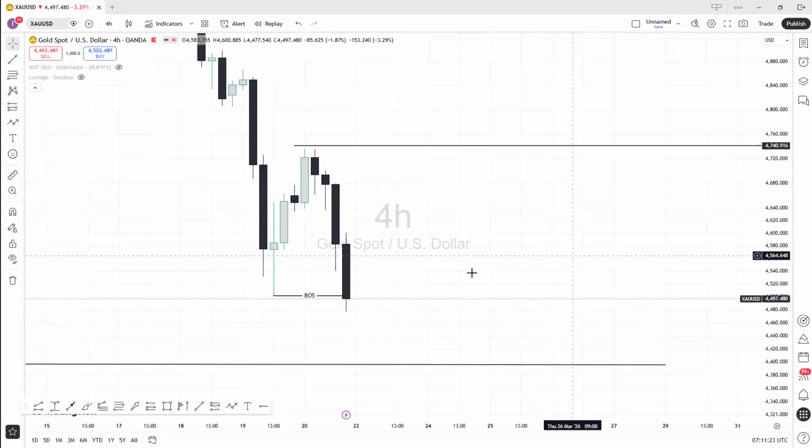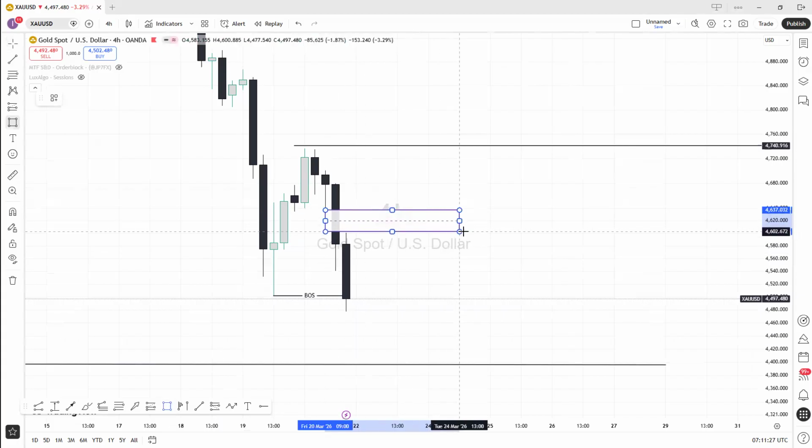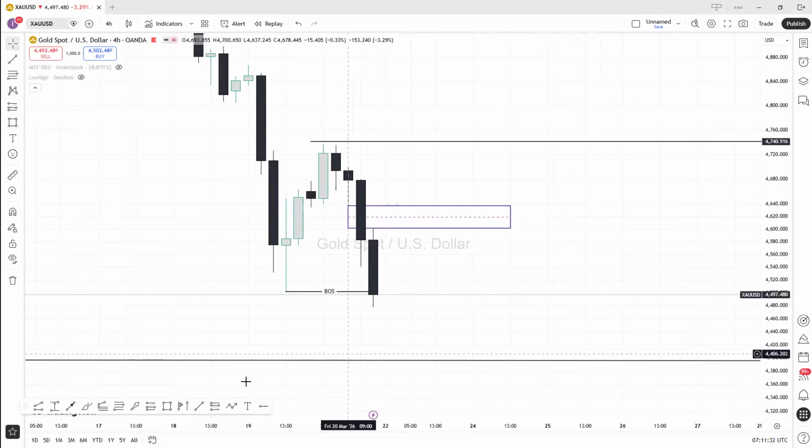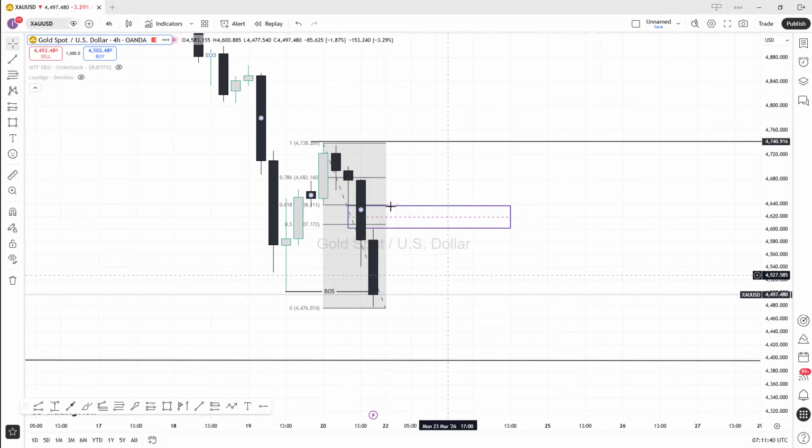Also on the 4-hour time frame, here we have an imbalance on that level. And if we use Fibo retrace from that point to that point, you can recognize that this imbalance is located in the premium zone.